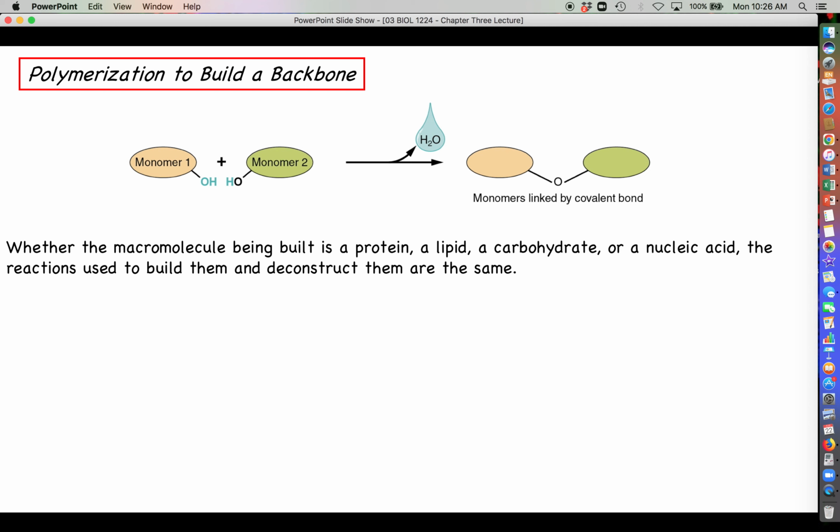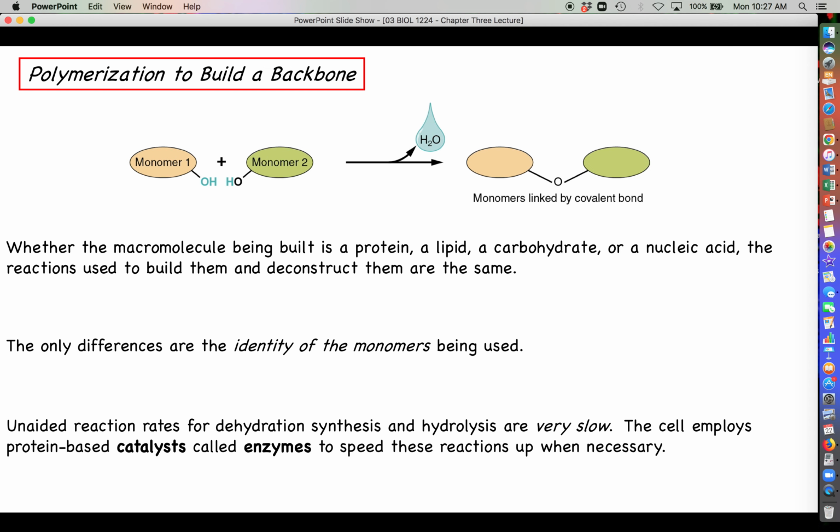Dehydration synthesis for building, hydrolysis for breaking apart. So these reactions are exactly the same no matter which of these 4 types of macromolecules you happen to be talking about. The only difference is in the identity of the monomer. What makes a protein different from a carbohydrate is not how they are built, it's what kind of building block you start with, as we are going to see.